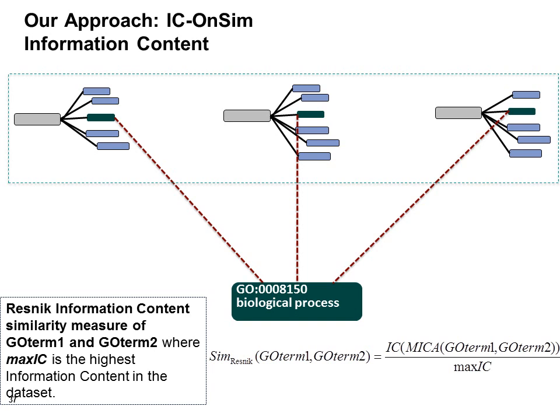Finally, the IC formula and the MICA GO term are used to compute the similarity in terms of information content proposed by Resnik. This is normalized by the maximum value of information content in the data set.